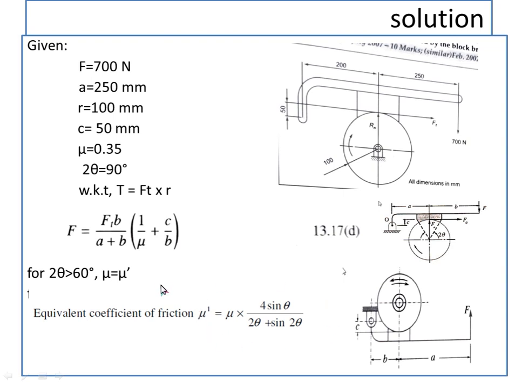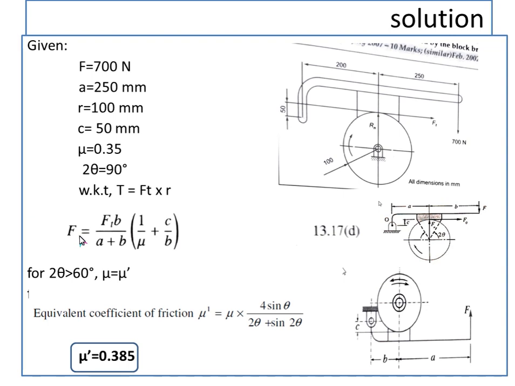Mu dash is equal to mu into 4 sine theta divided by 2 theta plus sine 2 theta, where theta is half of the block angle. Substituting the values, we get mu dash as 0.385. Remember that when the contact angle is 90 degrees, you need to consider mu dash in this equation for calculating Ft.